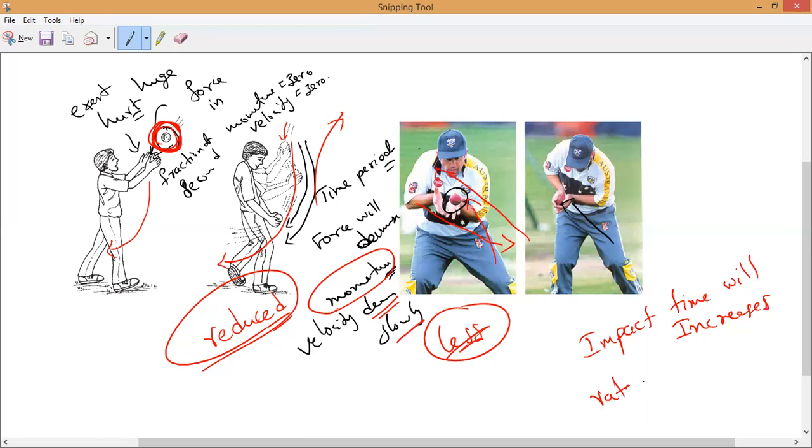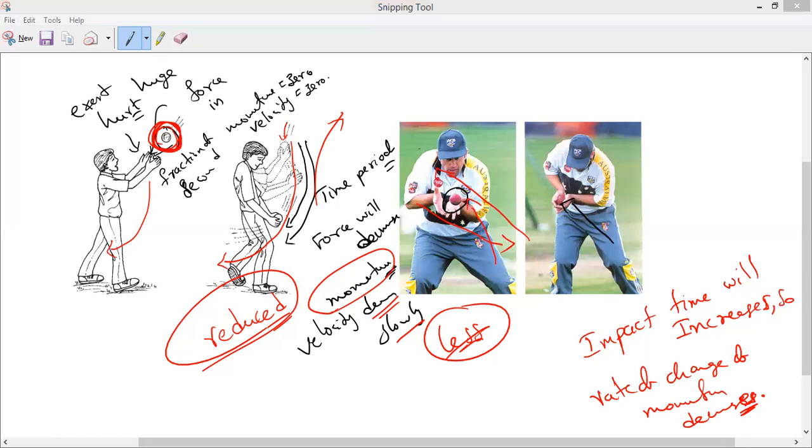So it will reduce the force exerted by the ball on our hand. That is the first application.